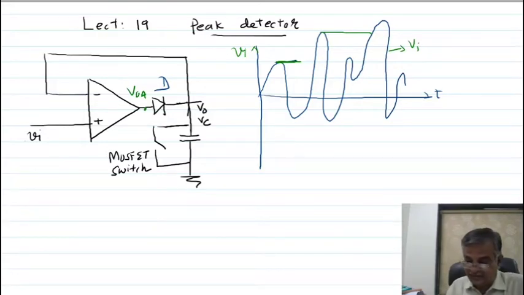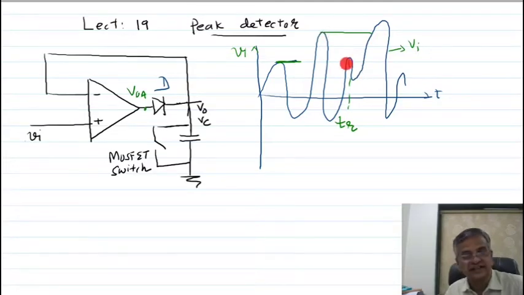At time tr, the peak is not detected, because the input voltage is less than the voltage stored by the capacitor. So the capacitor holds the charge until it is discharged with the help of the MOSFET switch. So this peak is missed.